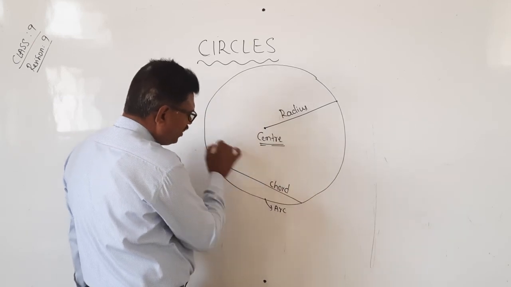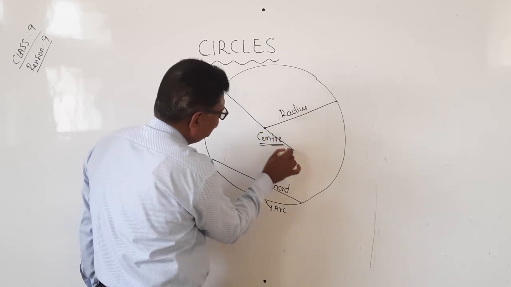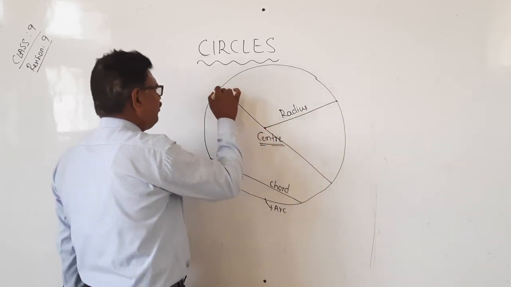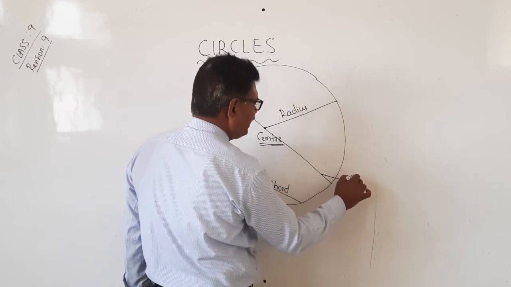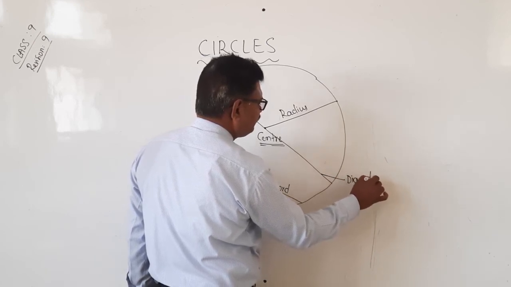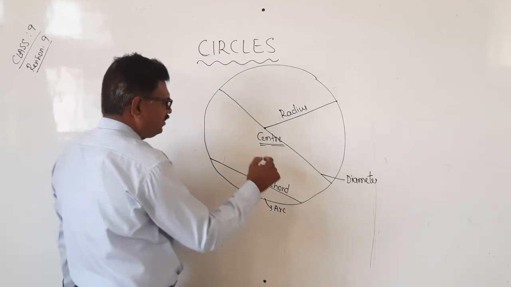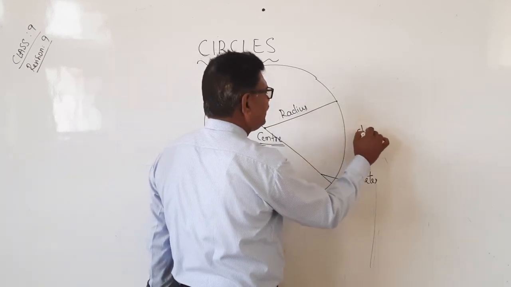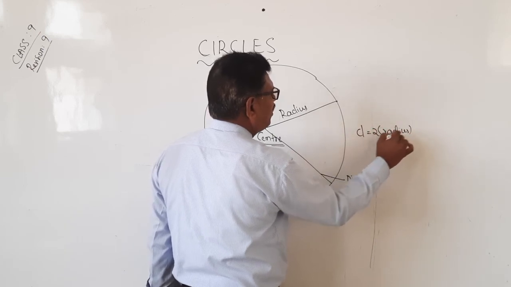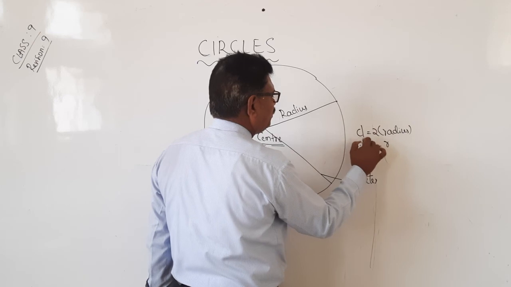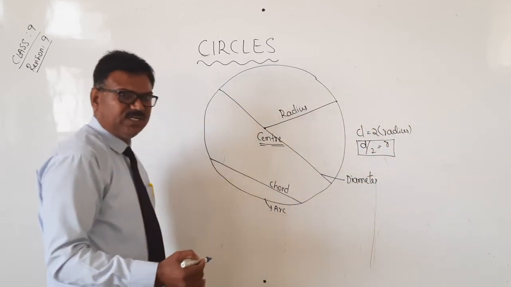And if you go on drawing chords like this, some chords will pass through the center, and this is known as the diameter. Always diameter is equal to 2 times the radius, or radius is equal to diameter by 2. Understood?